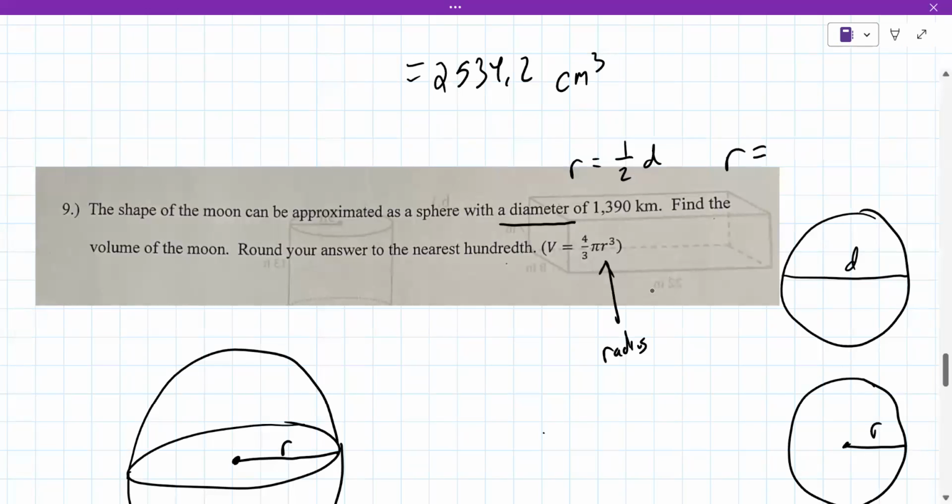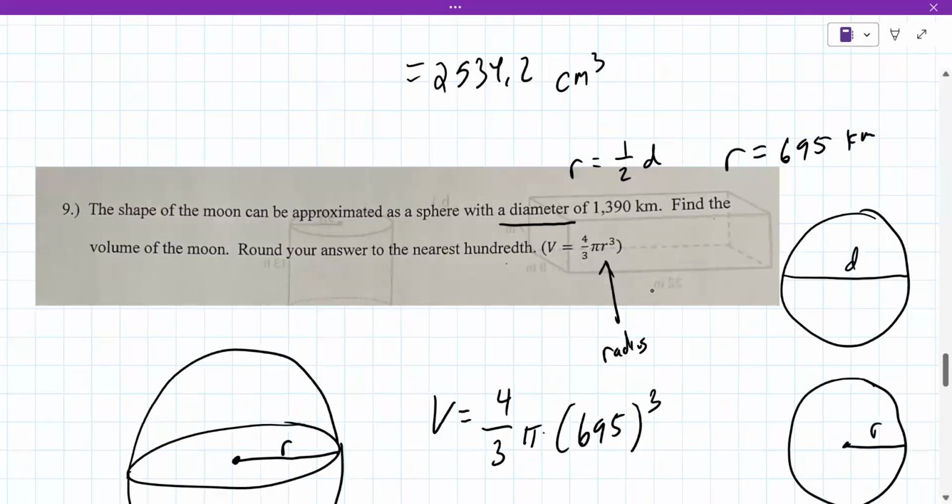Okay, 695. 695 kilometers. Now the volume is 4/3 pi, and then your radius is 695 to the power of 3. All right, so I want you to calculate that.